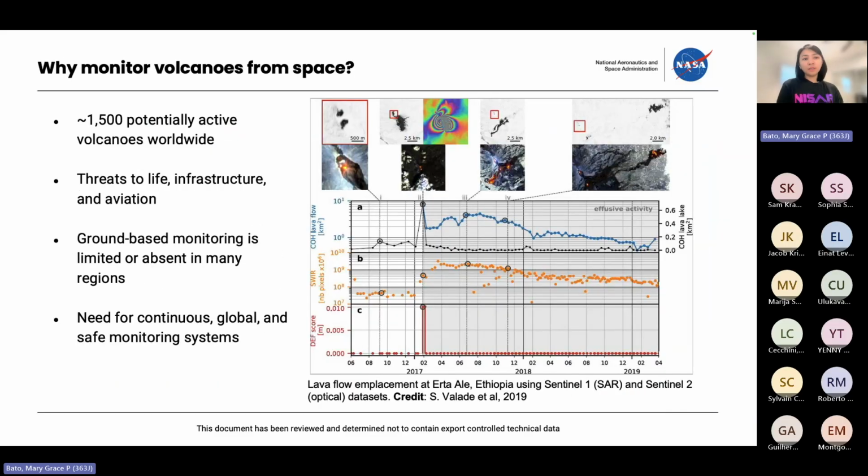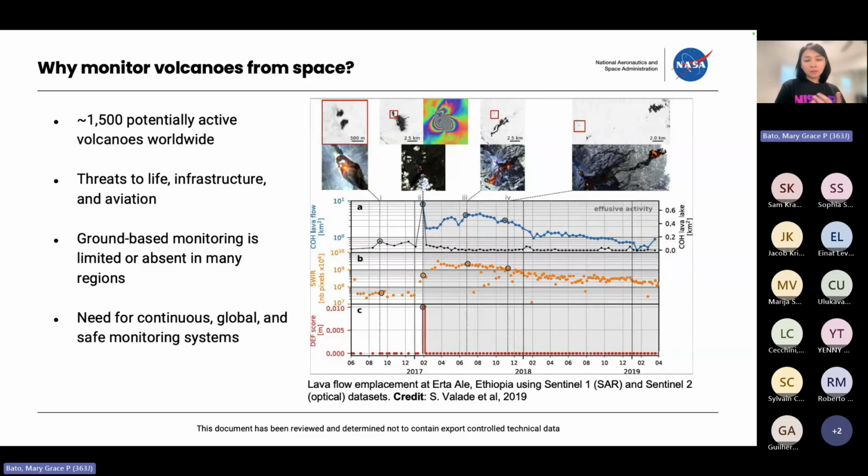So why do we want to monitor volcanoes from space? There are roughly 1,200 to 1,500 plus potentially active volcanoes worldwide. The Holocene volcanoes from the Smithsonian, I think it's around 1,250 volcanoes in their database. Many of these are located in remote geographic regions where ground-based monitoring is very limited or entirely absent.